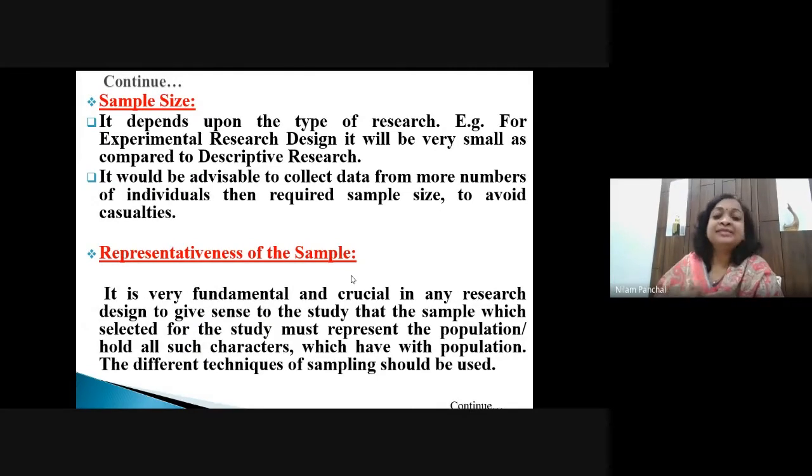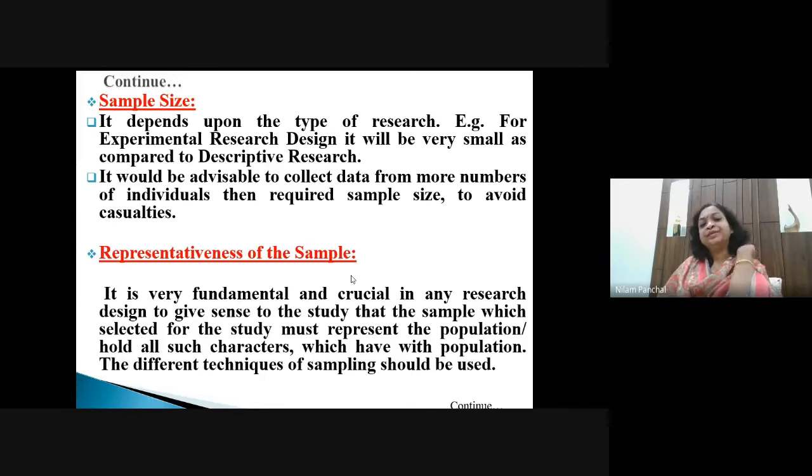Now, in that, sample size is very, very important because it depends upon the type of research. For example, in an experimental research design, it would be very small as compared to descriptive research, right? So it would be advisable to collect the data from more individuals than the required sample size to avoid casualties.